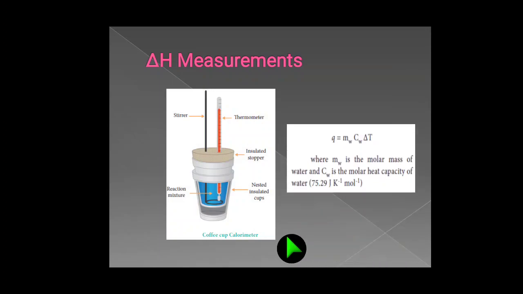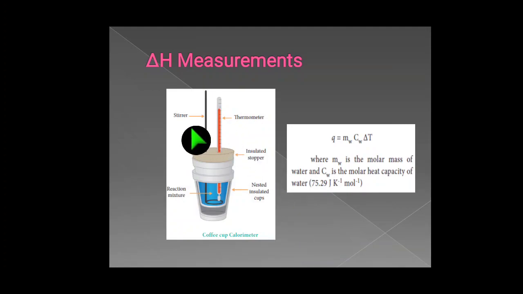Here the Q value, the heat absorbed by water, we can calculate: mW Cw del T. Already we calculated this in the bomb calorimeter, the same formula we are using, because we are going to calculate the amount of heat absorbed by water. mW is the molar mass of water and Cw the molar heat capacity of water. The value is 75.29 joule per Kelvin per mole.